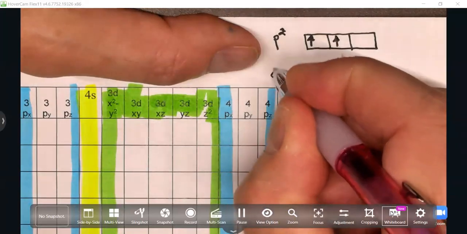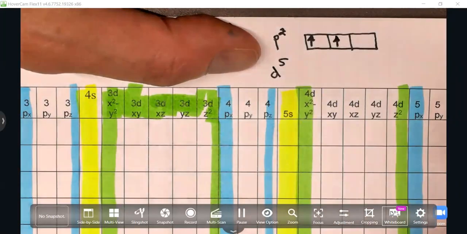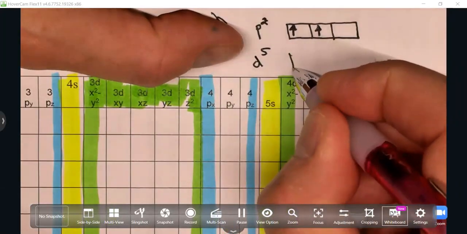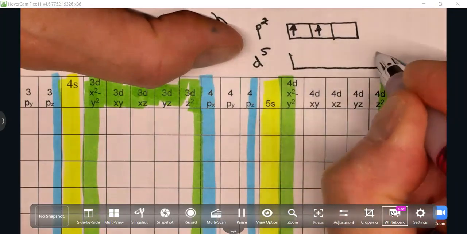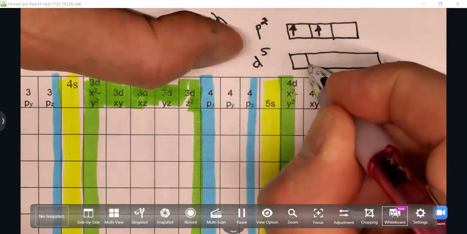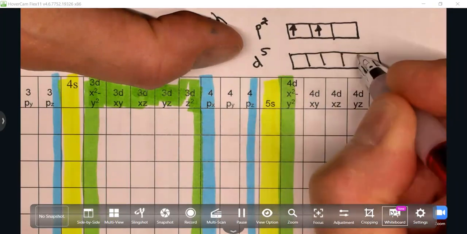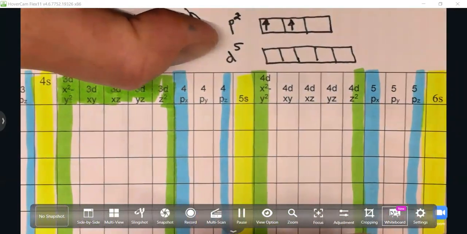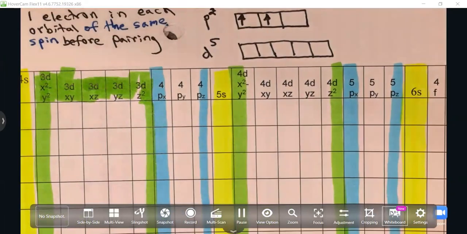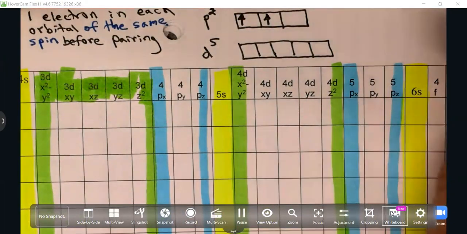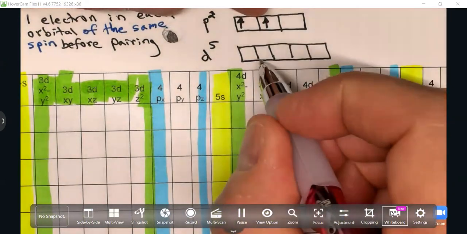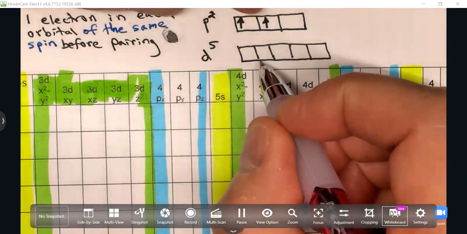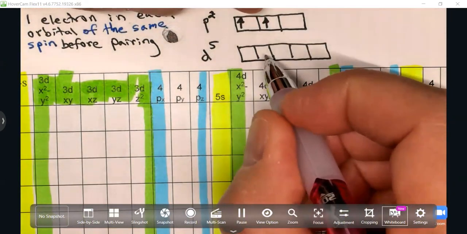If you have d5 for Hund's rule, 1, 2, 3, 4, 5. We have 5 boxes. You are going to put one electron in each.